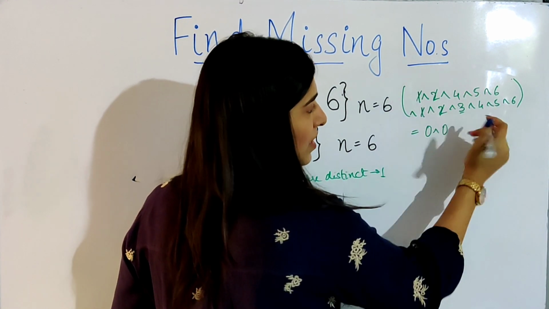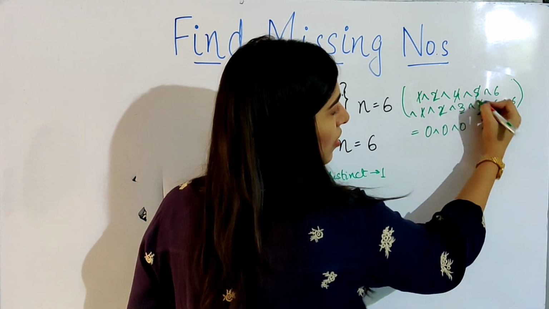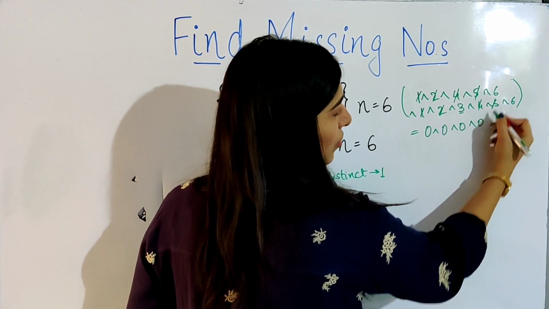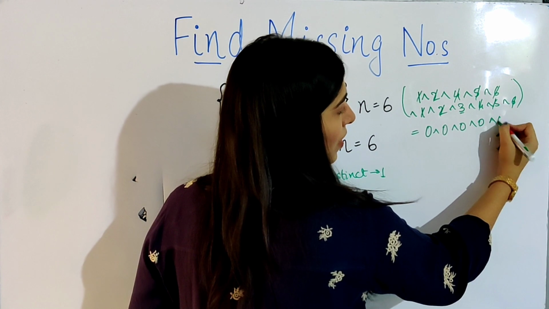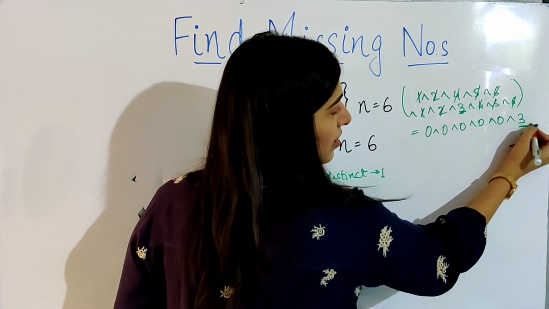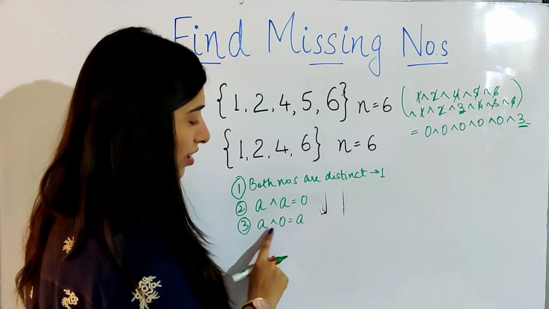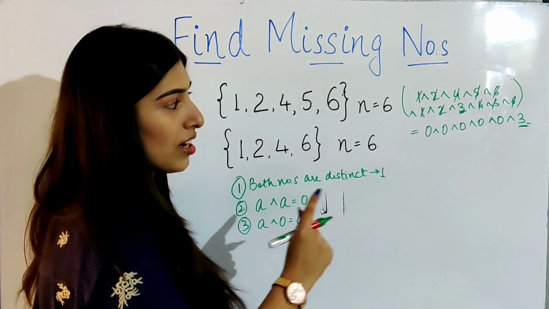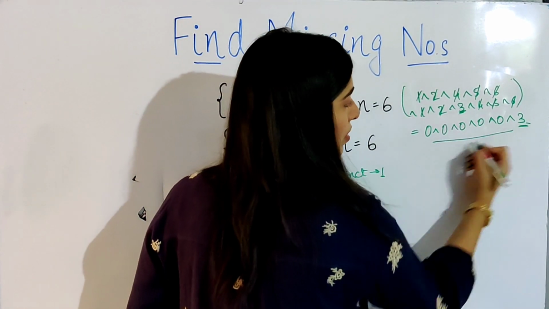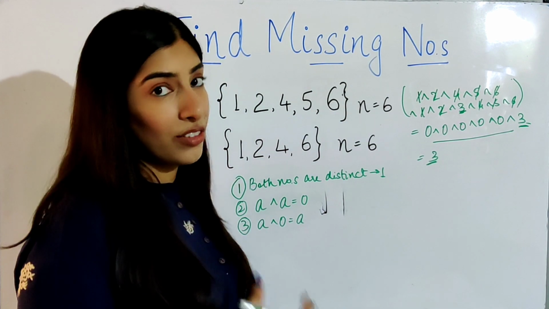Okay, 3 is not present, let's skip that for now. 4 XOR 4 will be 0. 5 XOR 5 will be 0. 6 XOR 6 is 0. The 3 will be present in the end. Only this will be left. Now if we use the third property that we had, any number XORed with 0 results to the number itself, this will finally result in 3, which is essentially the number that was missing.